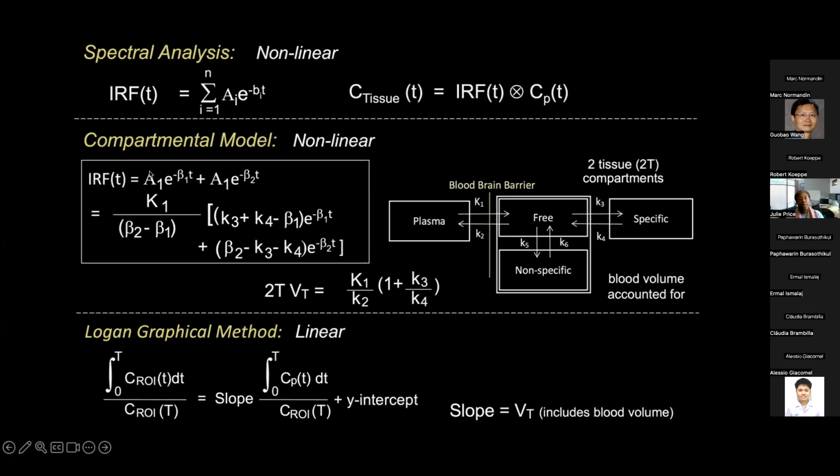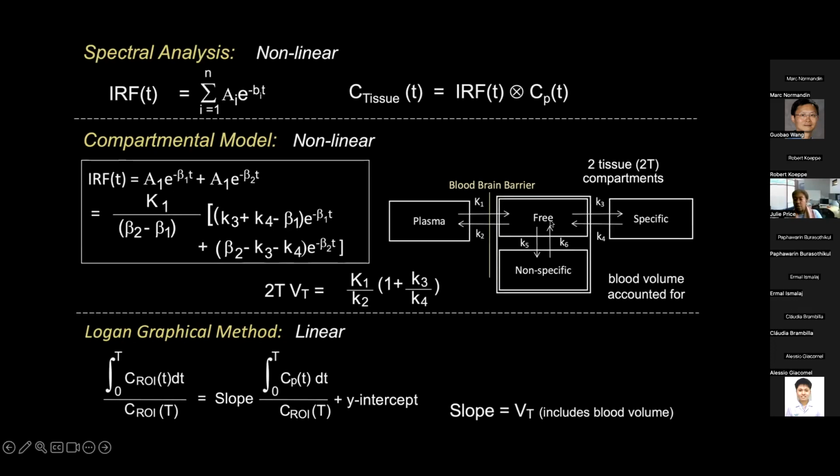Okay, this is just the basic equations that we are faced with. Sum of exponentials for spectral analysis. The two tissue compartment model is shown here. K1 and K2 refer to the transport of the radiotracer, clearance from plasma into brain and from brain back to plasma.